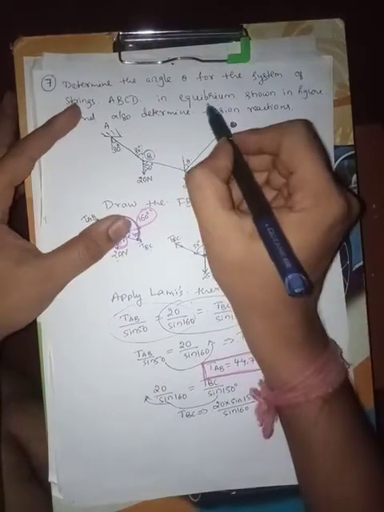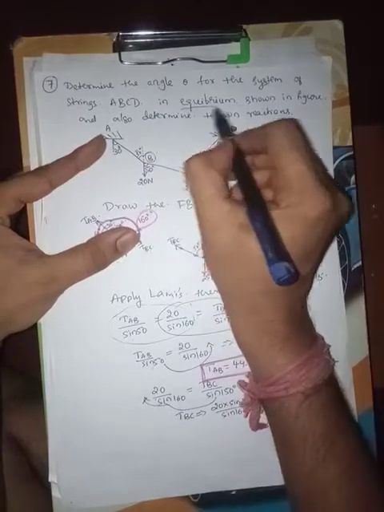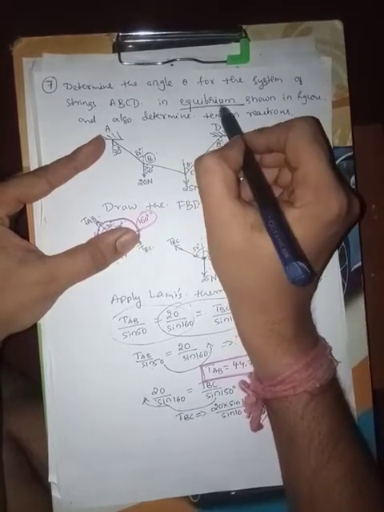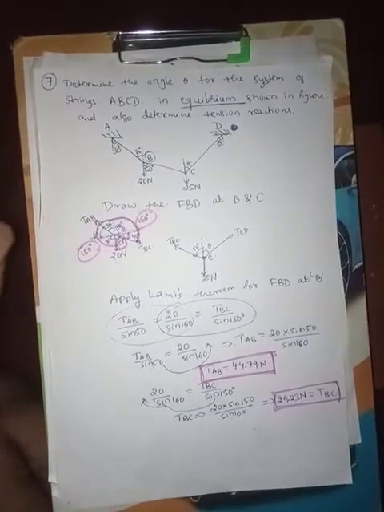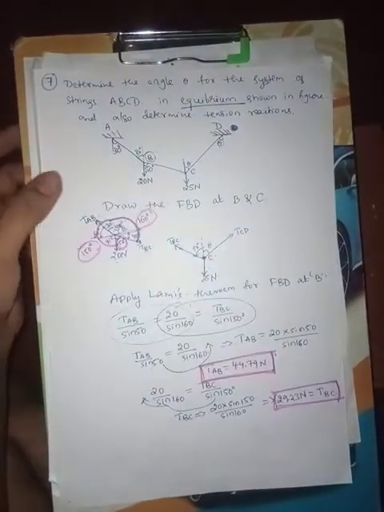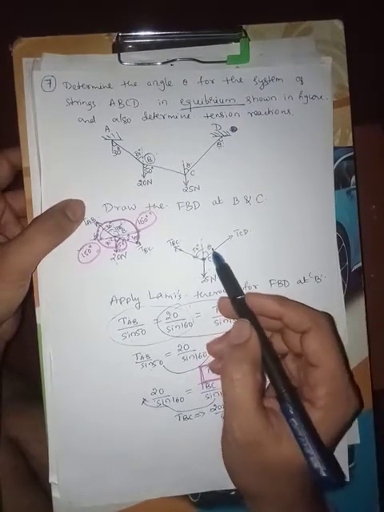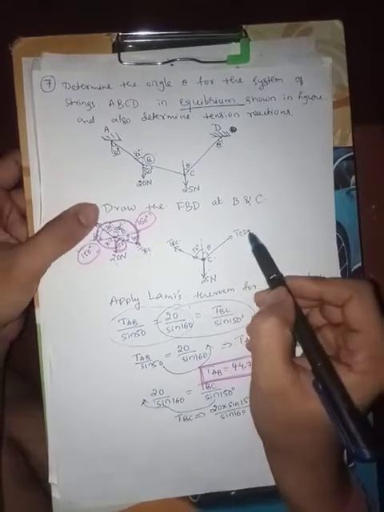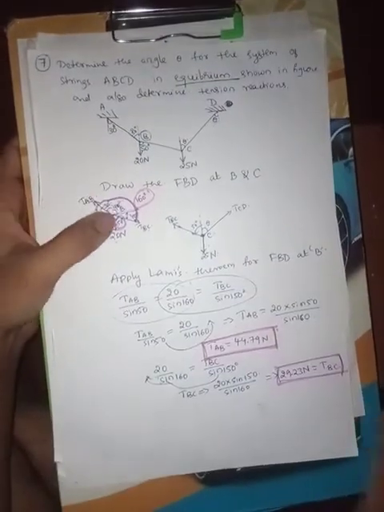In the question it is given that the ABCD string is in equilibrium. So we can apply the equilibrium equations here to find this angle theta and also find the tension TCD.